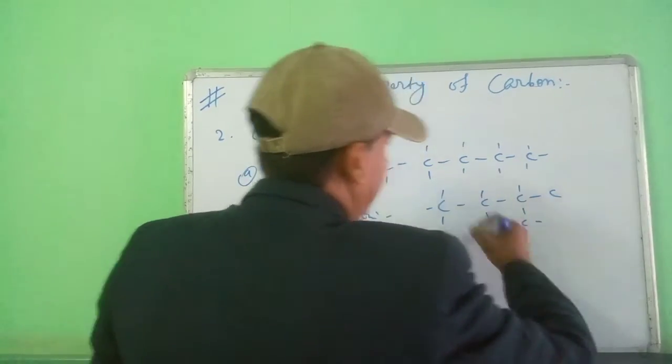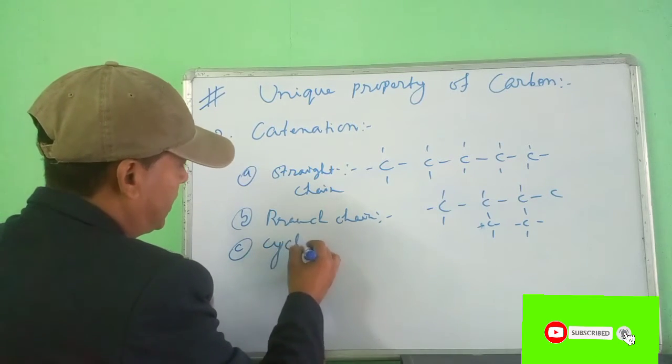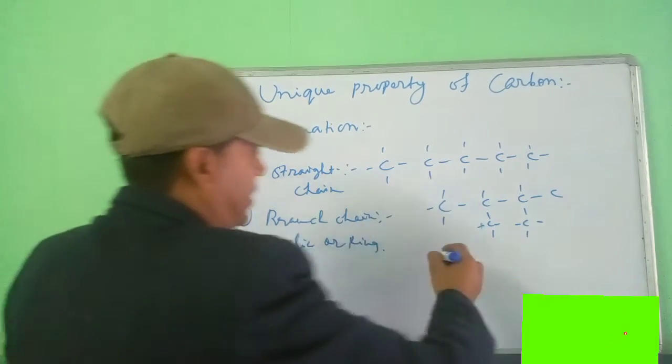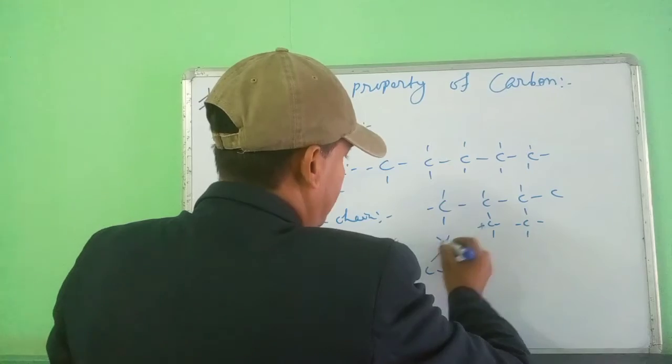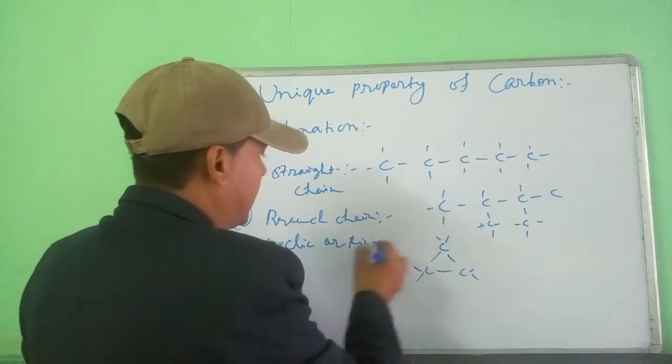Here branch chain also. Now see here the cyclic or ring like a structure. So this type of structure can be written. Here 3 member, the ring, cyclic or ring.